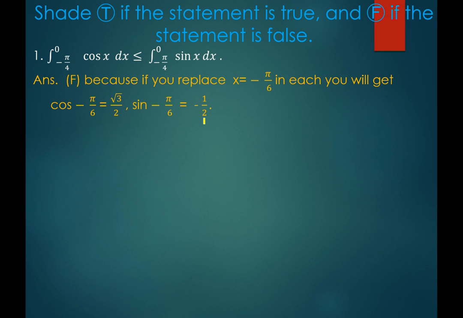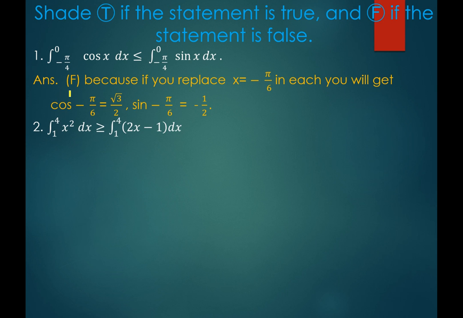Sine negative pi over 6, which is 30, is negative 1 over 2, which is negative 0.5. Negative is always smaller than positive. So this should be smaller than that one, and this should be bigger than that one. So because of that, it is false.